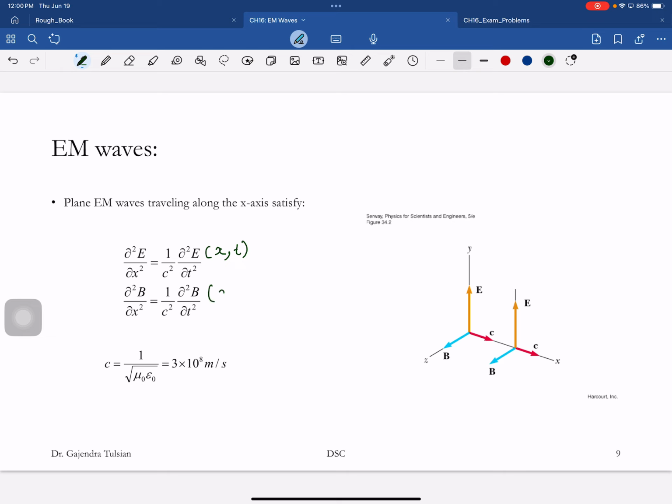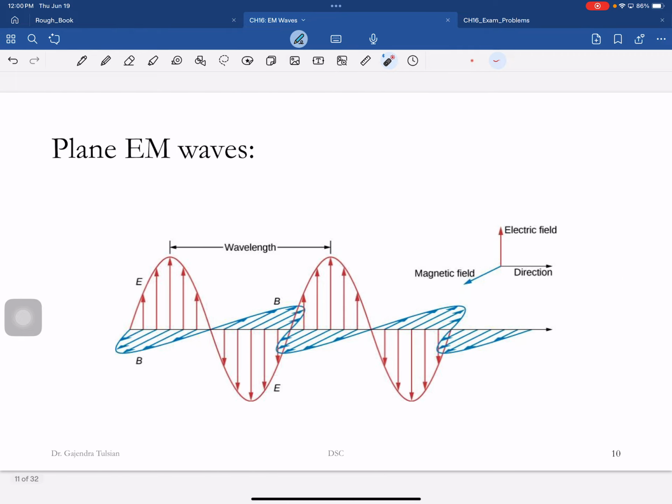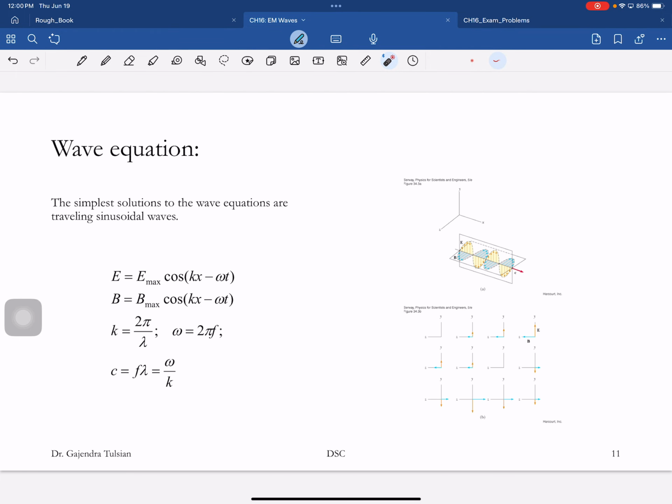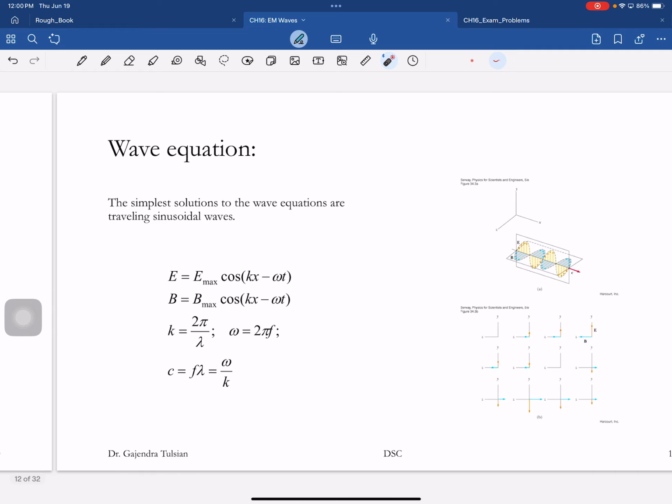Similarly, B is only a function of x and t. And the solutions to these differential equations, wave equations, where c is the speed of light, are these: E max times cosine kx minus omega t, and B is B max times cosine kx minus omega t.